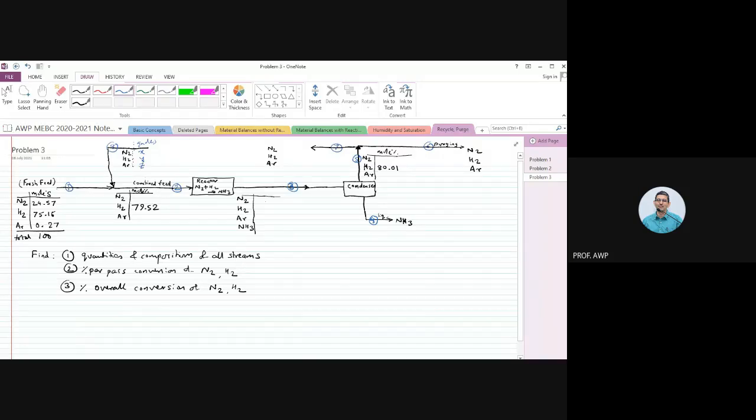Everything we know about the fresh stream, we know about the recycle stream, write material balance and get combined feed, and then go forward. And then at the end, we are going to say that stream number 7 and stream number 8 are identical. They are one and the same.